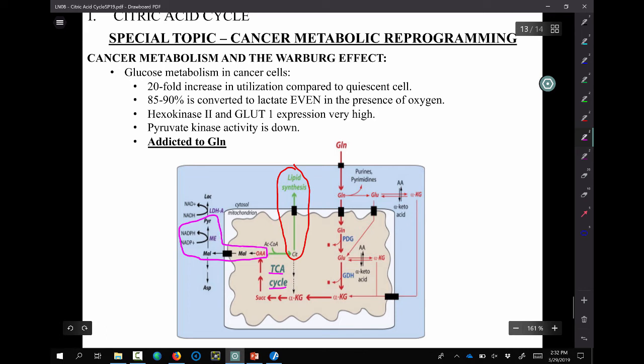Oxaloacetate is being converted to malate, shipped out of the cell, and then this enzyme here, ME, which is very nonspecific and vague, but stands for malic enzyme, converts malate to pyruvate and makes NADPH.